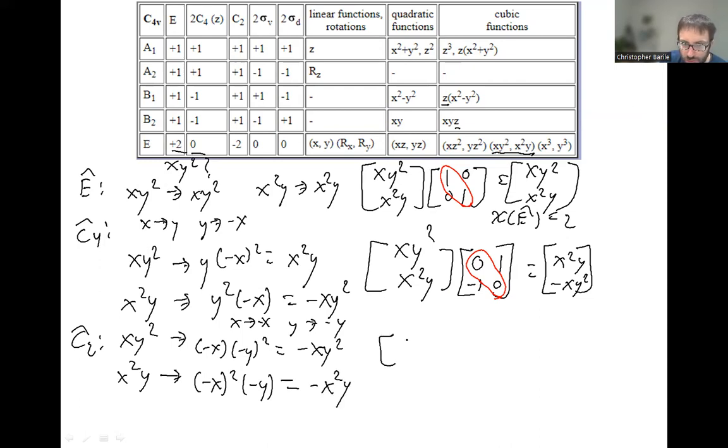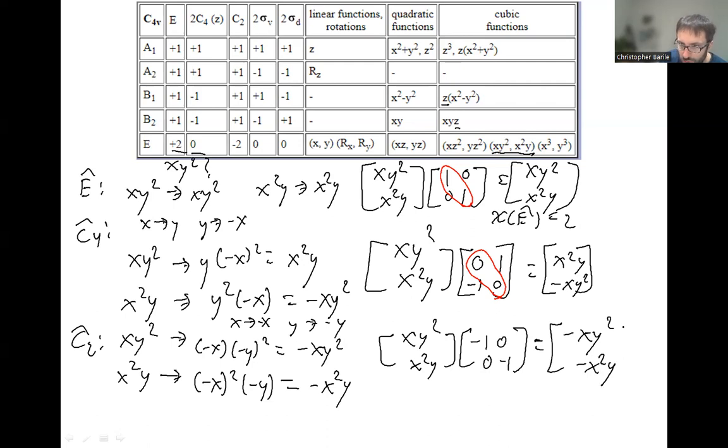And so we write our 2 by 2 matrix for xy squared and x squared y, and we get the inversion matrix, negative 1's on the diagonal, because that takes it to negative xy squared and negative x squared y. We take the trace, the character of the matrix, the sum along the diagonals. We get negative 1 plus negative 1. And nice, we get negative 2.